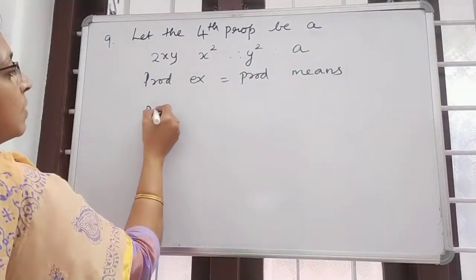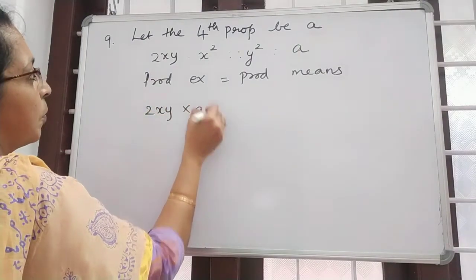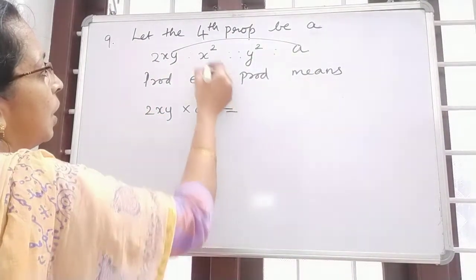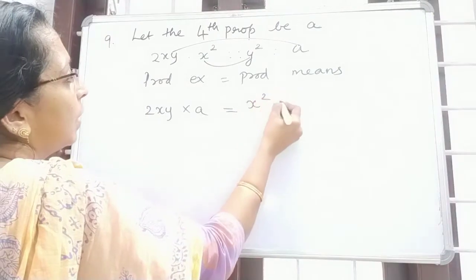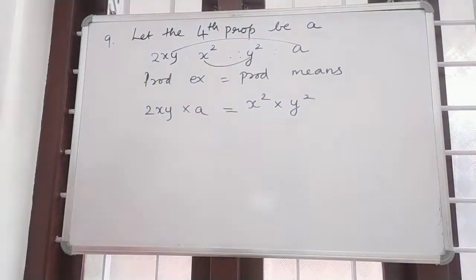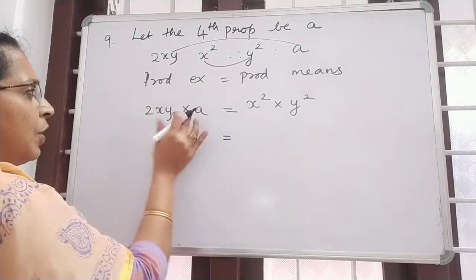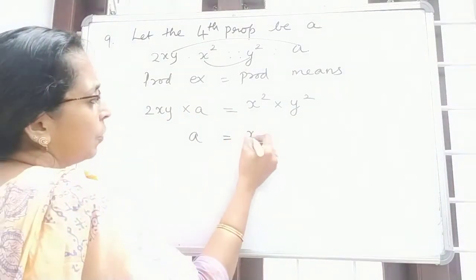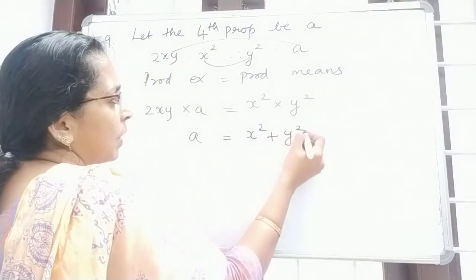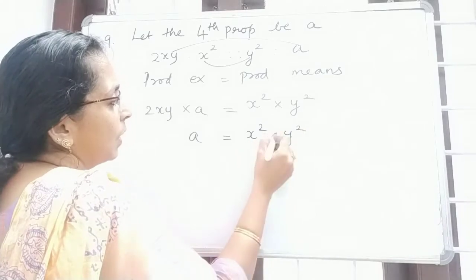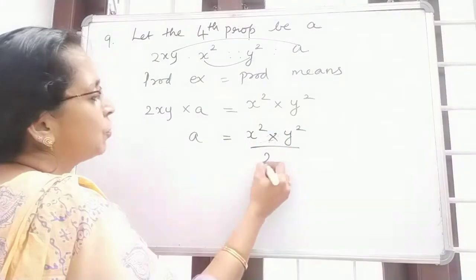So 2xy into A is equal to x square into y square. We want to find A. So A is equal to x square into y square divided by 2xy.